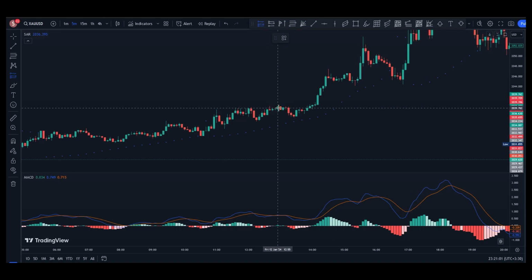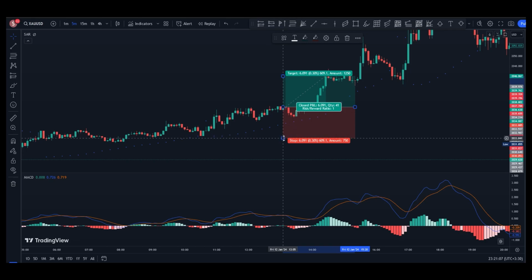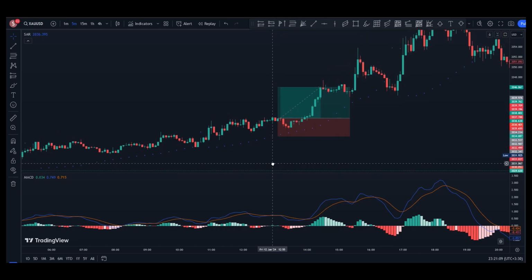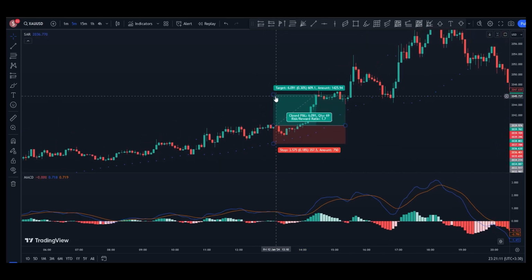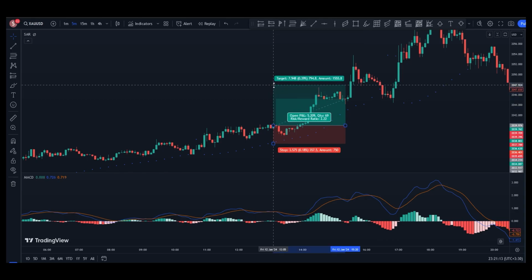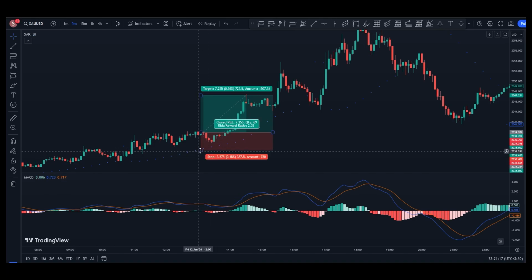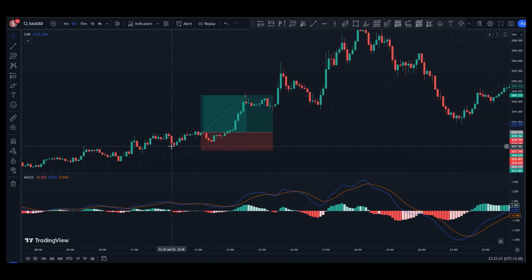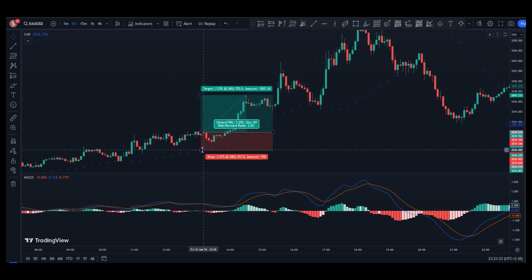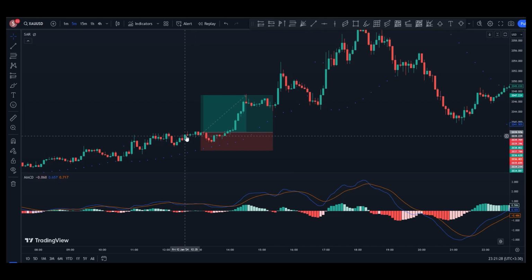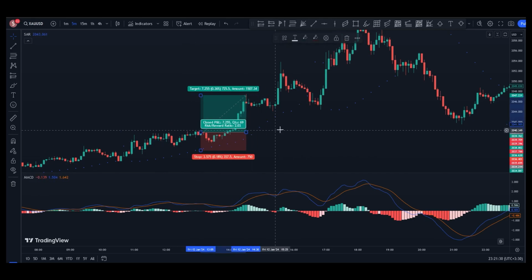It's not quite an entry point, but well, we have to follow our rules. So we will enter our trade with a 1:2 risk to reward ratio and put our stop loss here. As you see, it's a good place. It's below the swing and it has a good distance to not hit our stop loss.